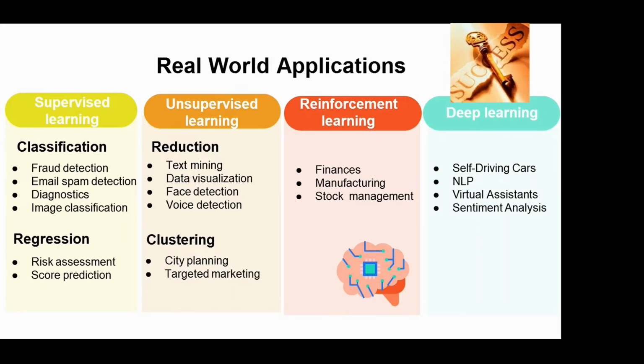Diagnostics means we are able to find a particular disease from medical images. Medical images can be of brain tumors. If we apply a machine learning algorithm to find brain tumors from MRI images, the process is the same: we take the data set of brain tumors, clean the data, segment the data, train the model, and then test.